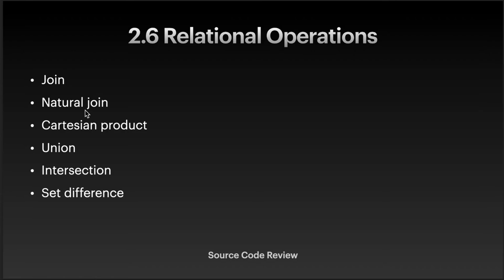Cartesian product just gives you every possible pair of the 2 tuples for every tuple within the relation, right? So let's say you have 2 tuples in relation A and 3 tuples in relation B. In relation A, you would have tuple A with tuple 1 from relation B. You would have tuple A with tuple 2 from B. You would have tuple A with tuple 3 from relation B. So that's already 3.